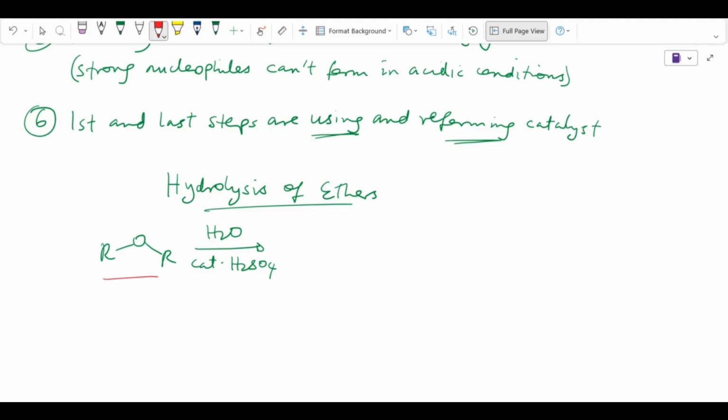Again, ether and alcohol are weak species, right? They're weak nucleophiles and weak electrophiles. If you just combine both of them, nothing is going to happen, which is why we usually speed up the reaction using this acid catalyst. So all you have to do is make this into alcohol and also make this into alcohol.